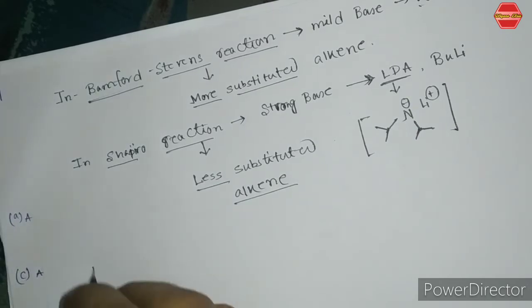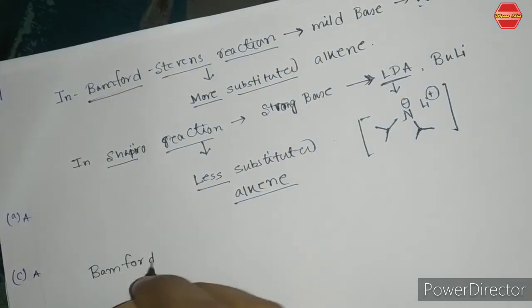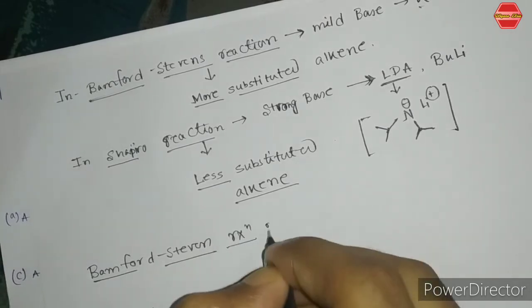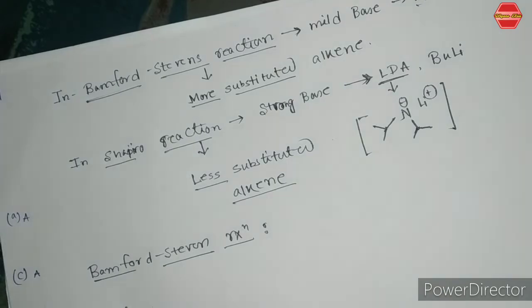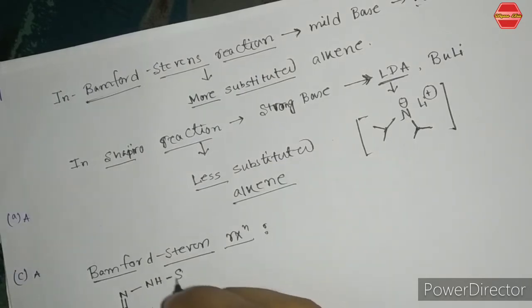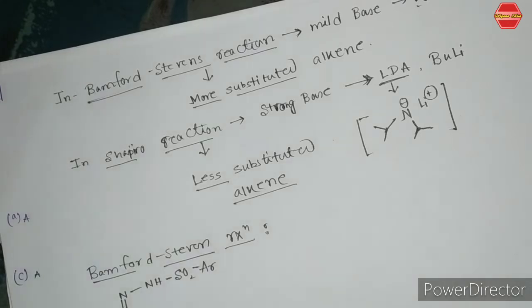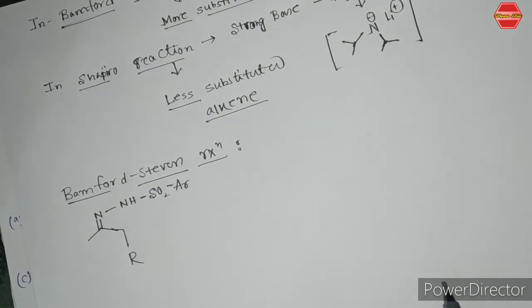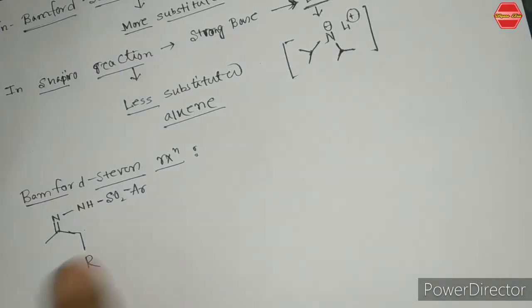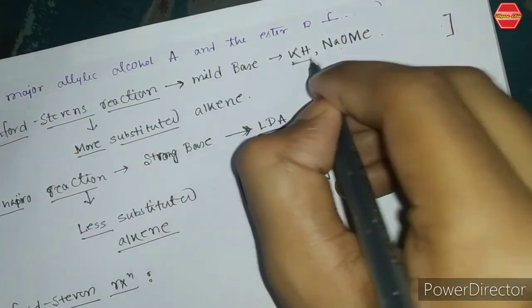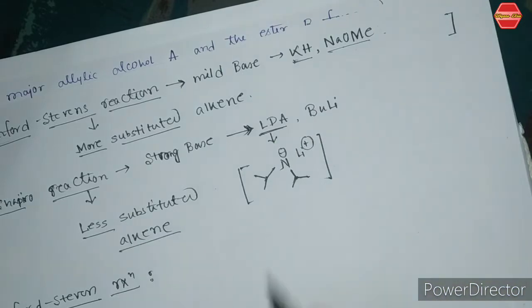First let us come to the Bamford-Stevens reaction. Okay, so I'm starting from this structure, the tosyl hydrazone with R. I already said that the base used in Bamford-Stevens is NaOMe or potassium hydride.